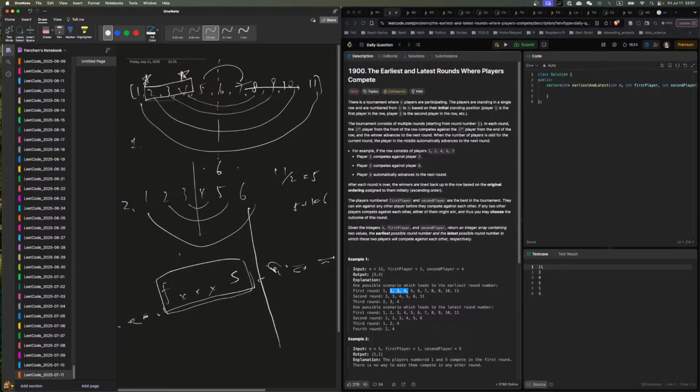And all of them are on one side. Once they're all on one side, it doesn't really matter. Once our target is on one side, and you have something else next to it, we can always make it such that they can do it on the second round.